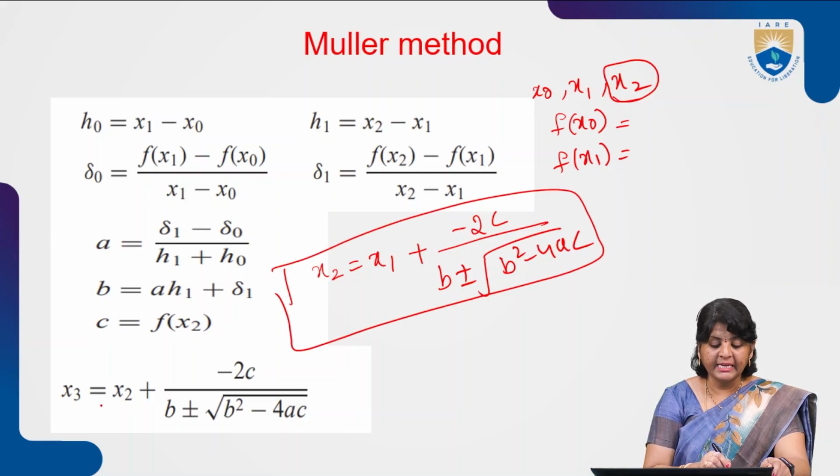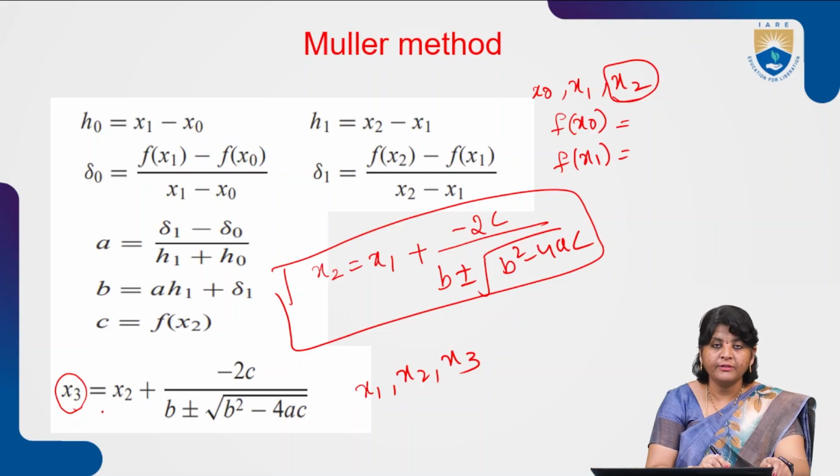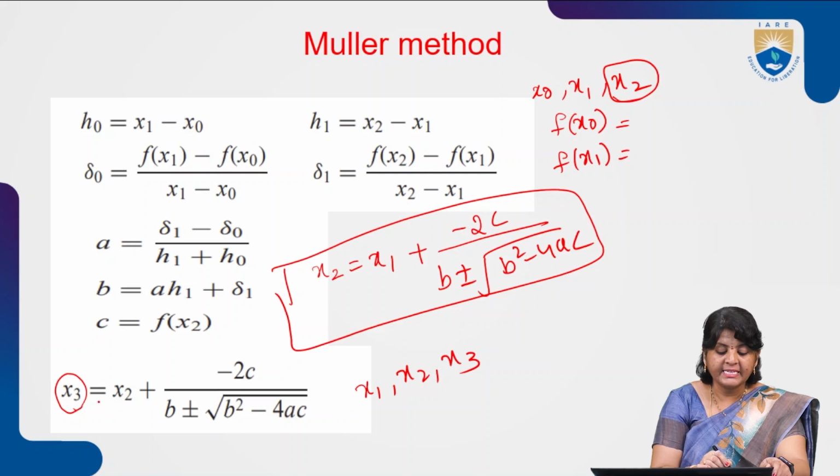Since in the formula they have taken x1, x2 and x3, to find the x3 value this is the formula. But the initial guesses we have taken here are x0, x1 and x2, so we move on to the 4th root. It is the same as this, with the small change that x3 is equal to x2 plus, because x0, x1, x2 are the 3 initial guesses.